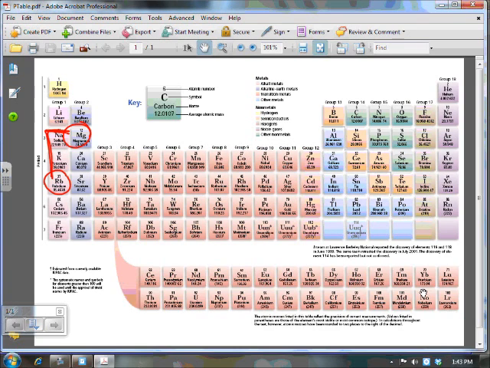Well, what if I have a comparison instead of magnesium and rubidium, what if I have a comparison of strontium and potassium? Well, here we've got conflicting trends. Strontium is lower, therefore we would say larger, but potassium is to the left.